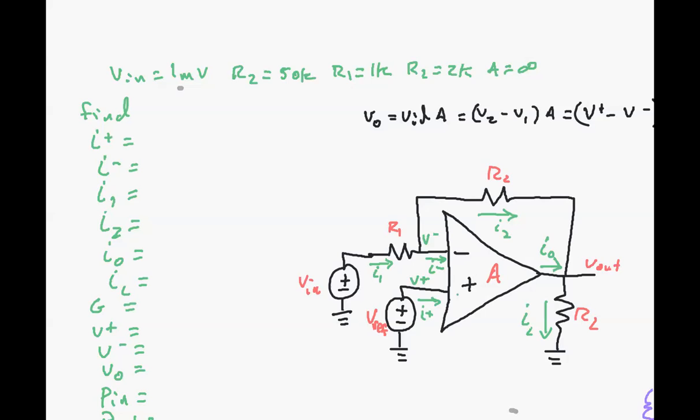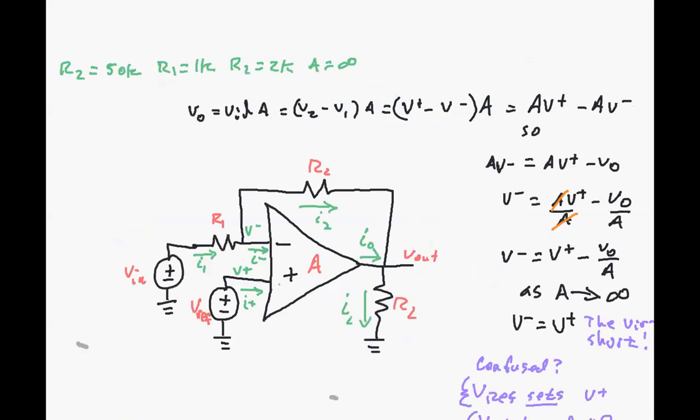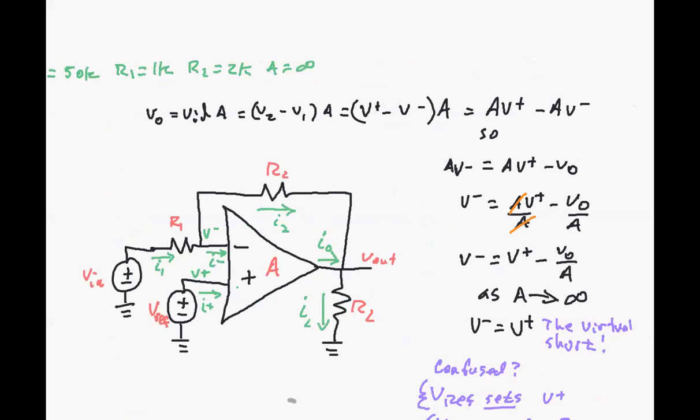Let me just remind you of a couple of things here. V out is equal to VID times A, so the gain is infinite. That means we could write VID as V2 minus V1, the difference between the two inputs.